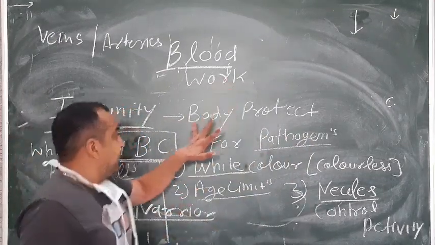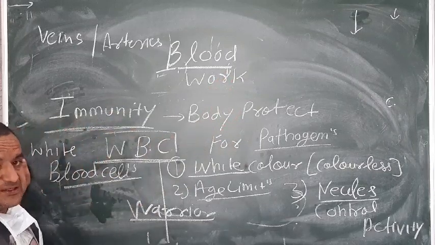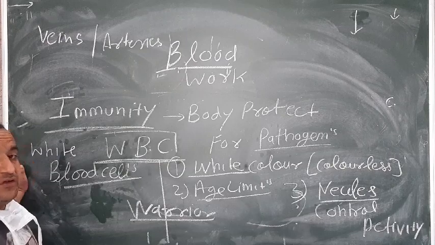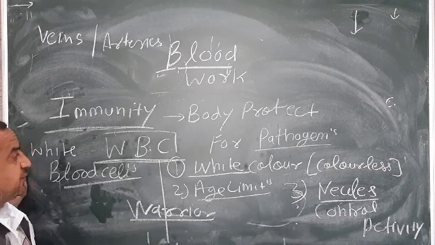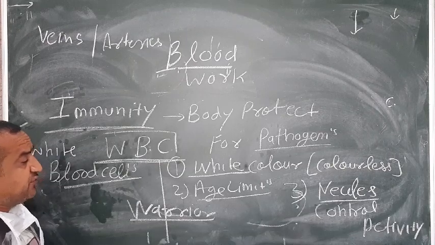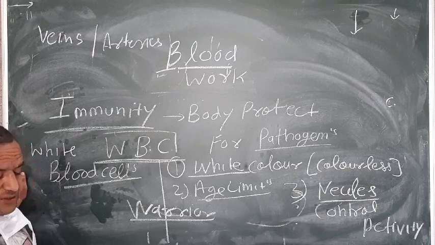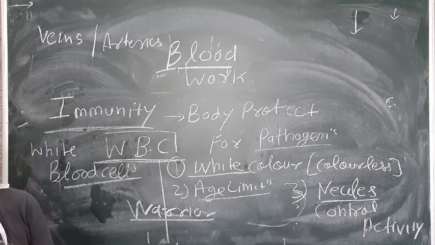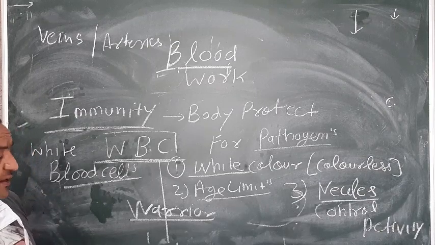WBC is our first warrior, which can improve our immunity. Immunity is the main definition of protecting our body from pathogens. Pathogens means foreign particles, which come into our body from the outer area.